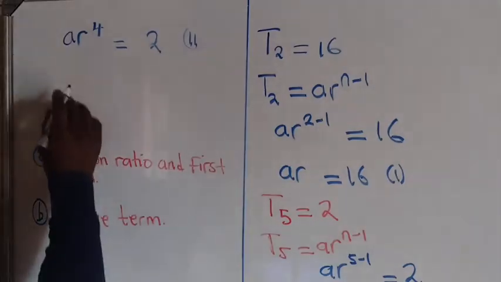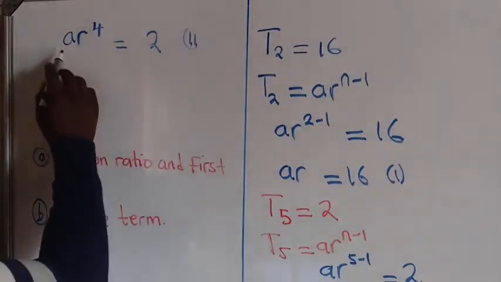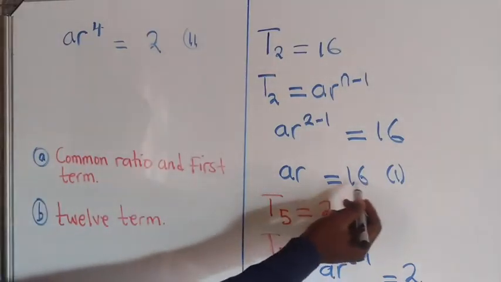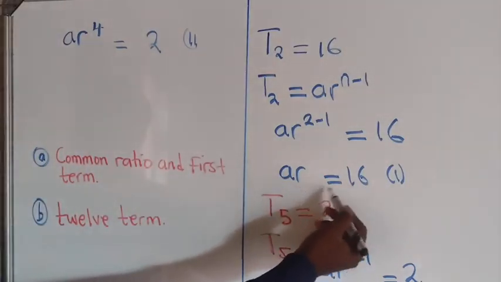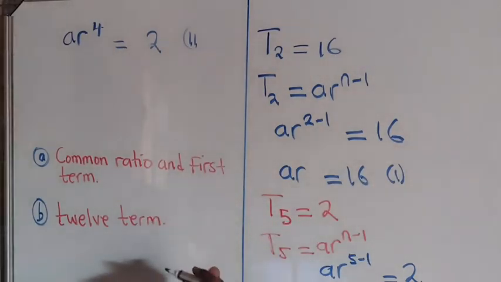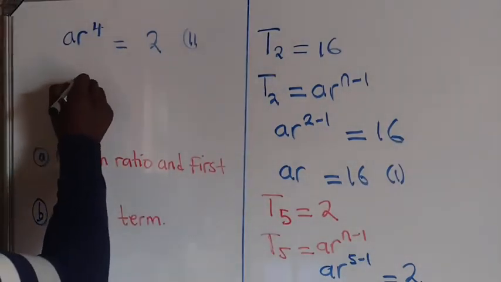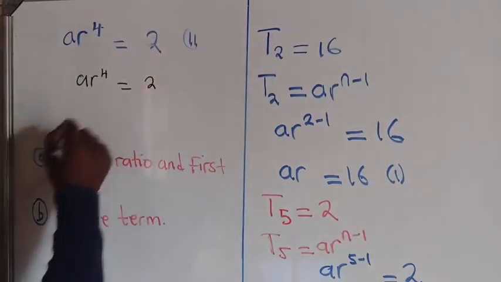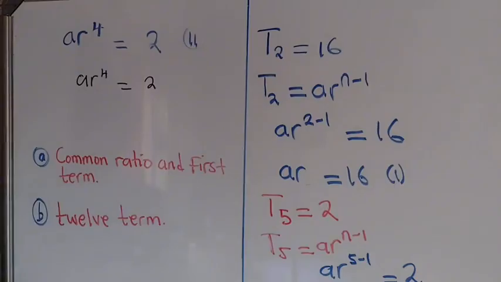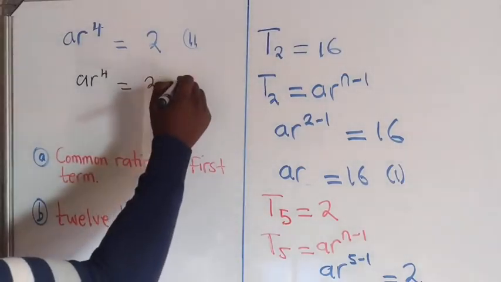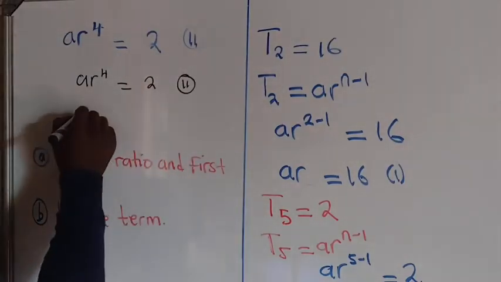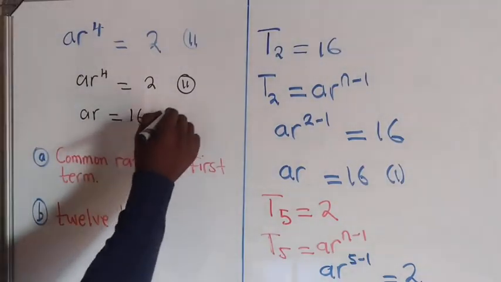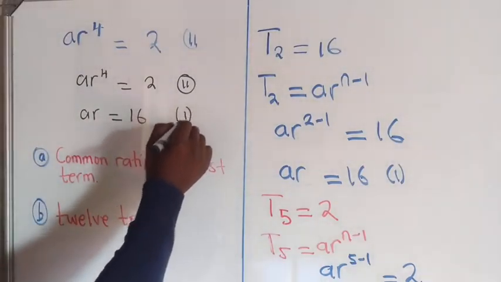We take our equation 2 and our equation 1. I hope you are able to see. We can say ar^4 is equal to 2, this is our second equation. Then we have ar is equal to 16, and this is our first equation.